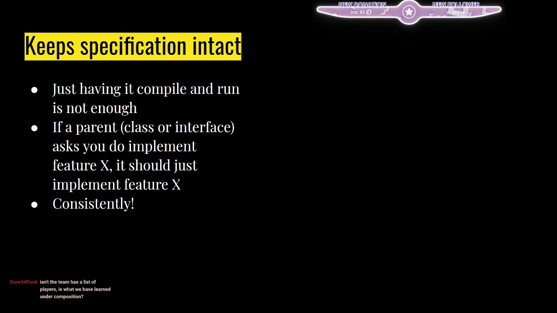Open-close principle, and in general, all principles of SOLID are interrelated. They're very similar to one another. For example, single responsibility principle, in order to implement it well, you need to conform to open-close principle. To implement open-close principle well, you need to conform to Liskov substitution principle.